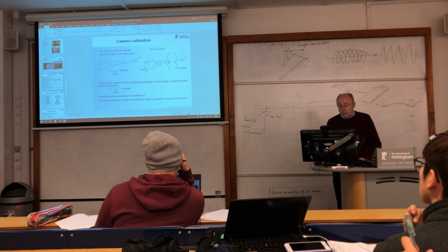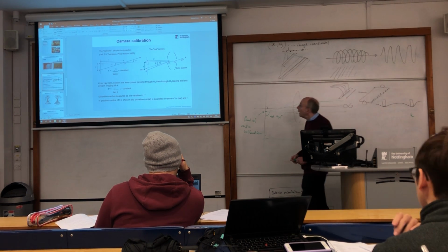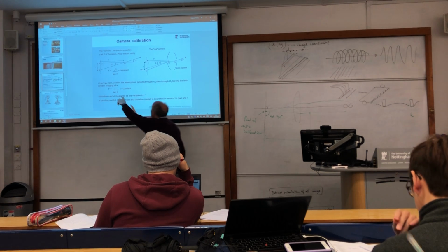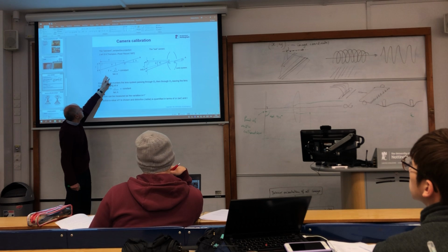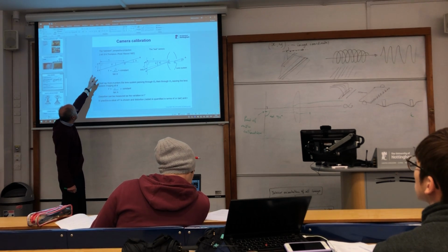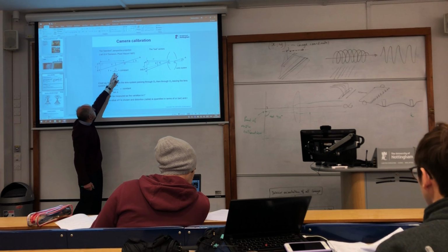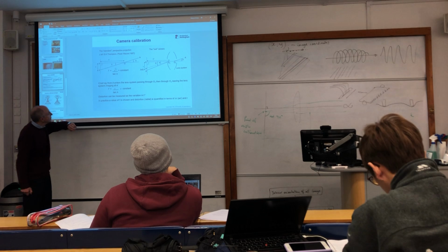Here it is, that's the one. This is the diagram that you need to draw. You need to draw this, and you need to talk about the ideal camera and the fact that the value of f, no matter what angle you come in at, the measured radius divided by the tan of the angle is going to be a constant.